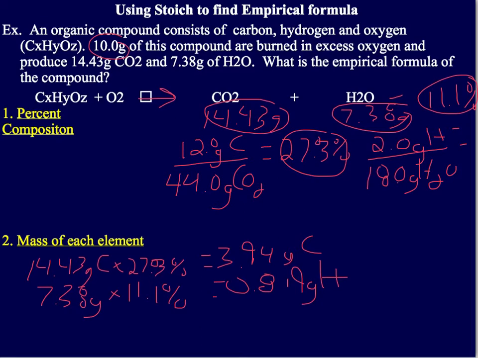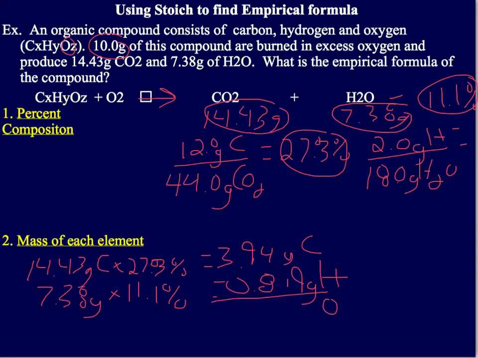Now again, we know the total is 10 grams, so carbon mass plus hydrogen mass doesn't equal 10. What's the remainder of it? Well, oxygen. Okay, so if we add these up and then subtract from 10, that'll give us the mass of oxygen.